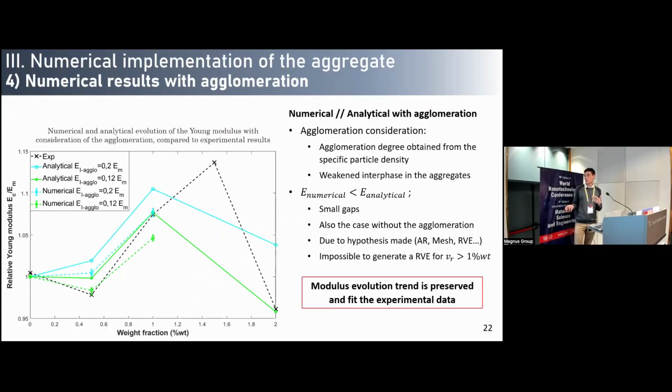Unfortunately, we are not able to compute the numerical model for 2% weight fraction of CNT, because it was not possible to implement that many CNT into our model without collision between the particles. But in the end, we were able to find similar tendencies between analytical and numerical models that fit the tendency observed in the experimental results. So the modulus evolution trend is preserved and fits the experimental data.